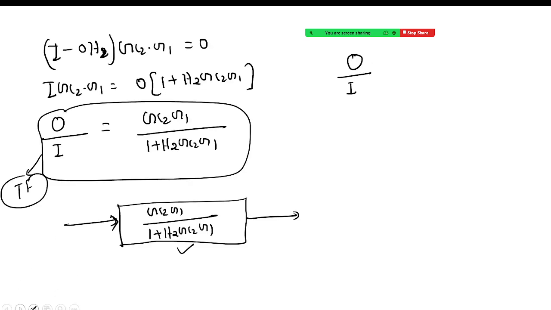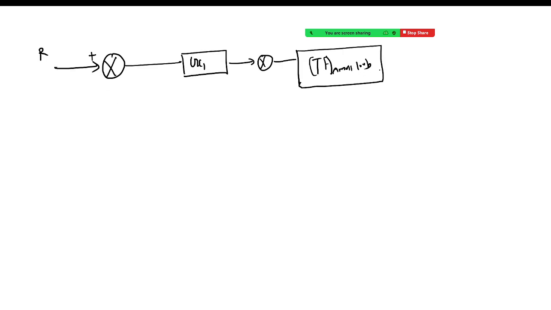I'll be placing it there, and after that there was a comparator. Here there was U1. Is it clear? And after that there was G2. And again there was a comparator and a second load. Fine. Here there was G3 and that was C.